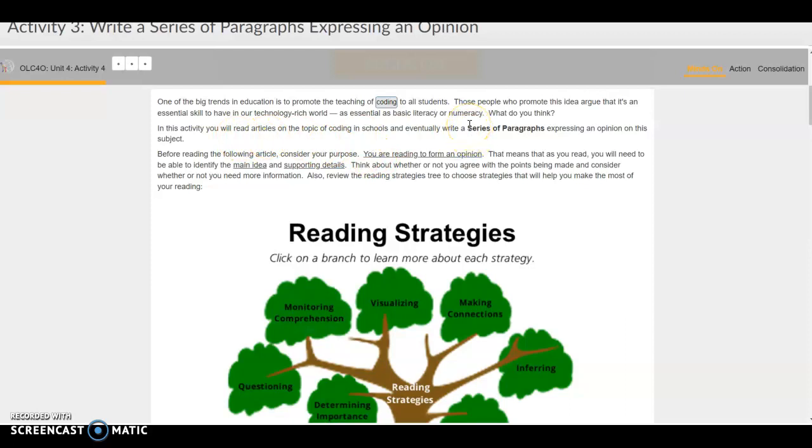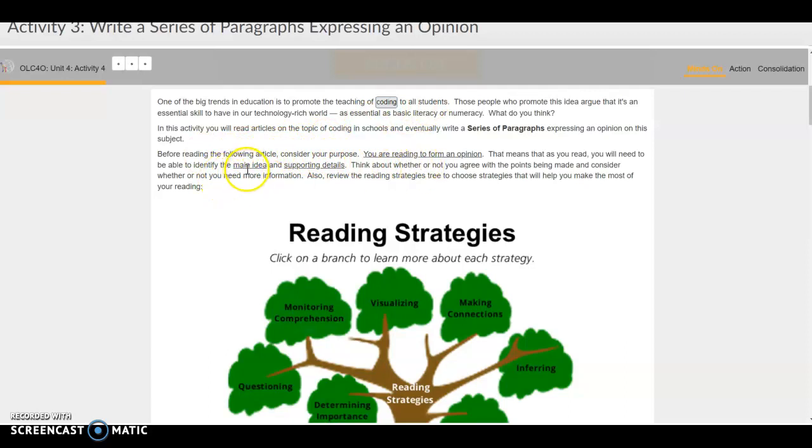You're going to be writing a series of paragraphs. You're going to be writing 5 paragraphs on this one topic. So you're going to want to pay attention as we continue on in this activity when we read articles based on coding. With that said, when we do look at articles based on coding, you're going to want to do what we've always done.